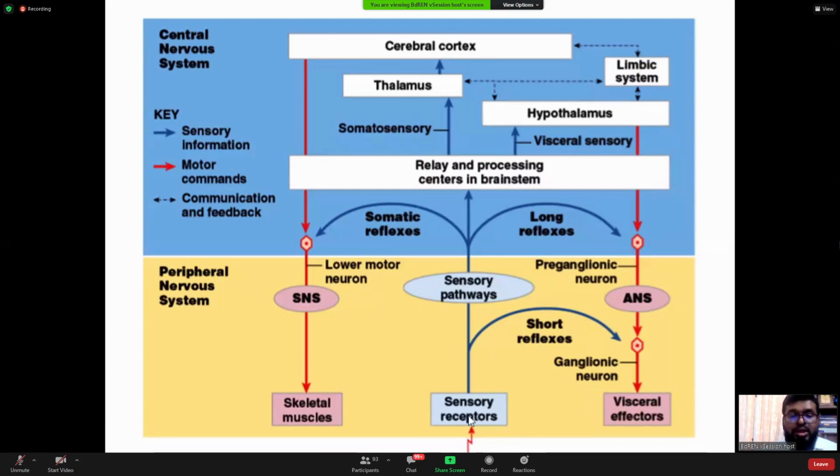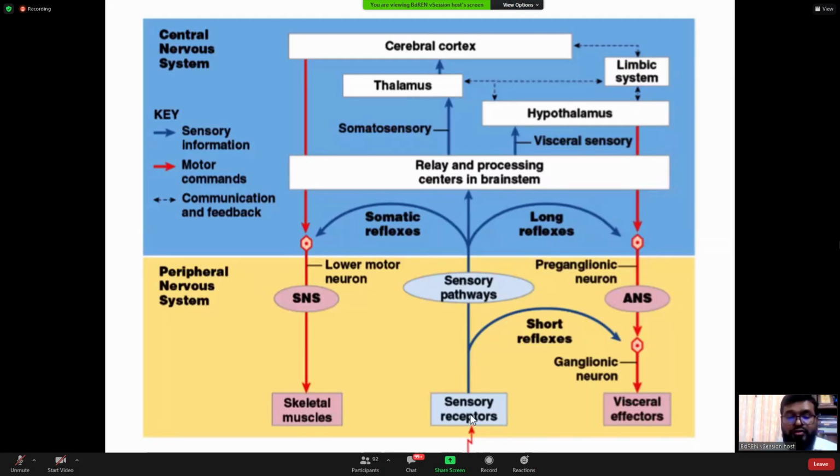But the difference between the somatic reflex and autonomic reflex is that somatic reflexes always have to reach the central nervous system, be it the spinal cord or elsewhere. Then the lower motor neuron reaches the efferent organ.